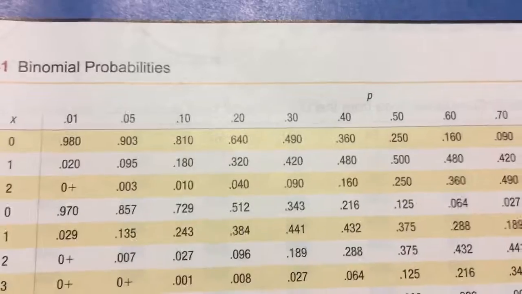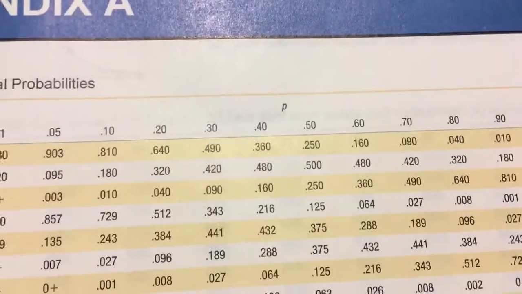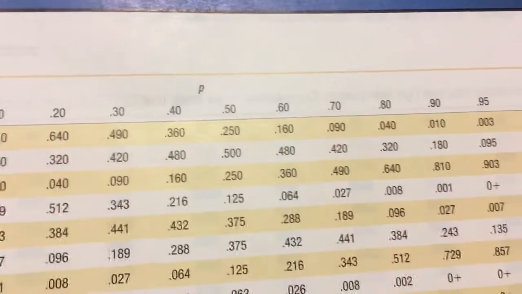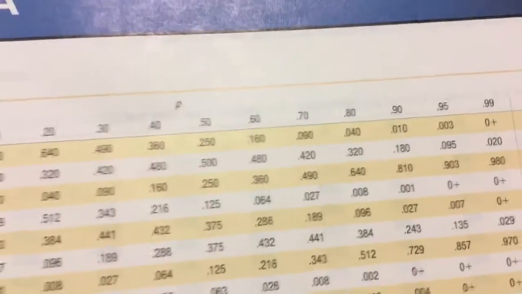So we're going to go back to our table here, and here's 5. Under 5, we're going to look at the 3. Notice that across the top are the probabilities p all the way across. There are 13 of them, I think. There are 13 different probabilities.